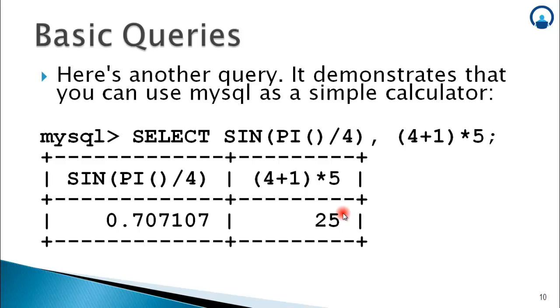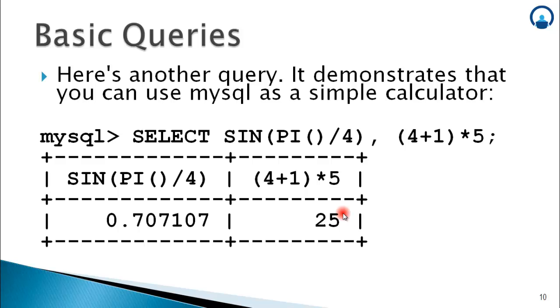Here's another query. It demonstrates that you can use MySQL as a simple calculator also. What is the query that we have written? It is select SIN(PI()/4), which is one part of the query, comma. The next column is (4+1)*5. So basically we are giving a calculation in a query and trying to execute it through MySQL.